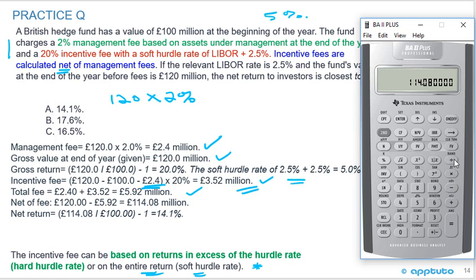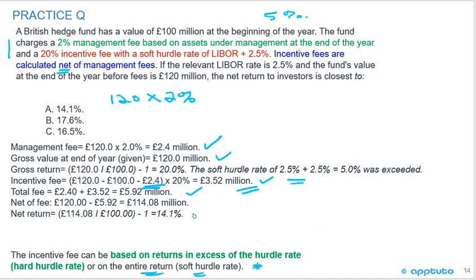Then we're just going to divide by the 100 million at the beginning of the year, and minus 1 times 100, and you can see that we're at 14.08%, which is closest to A, 14.1%.